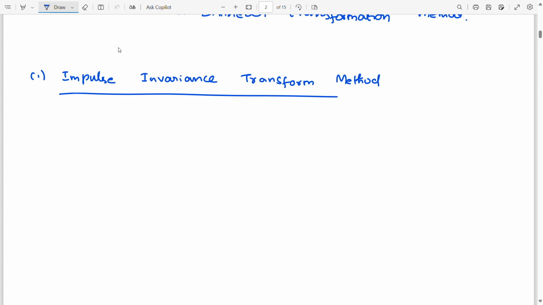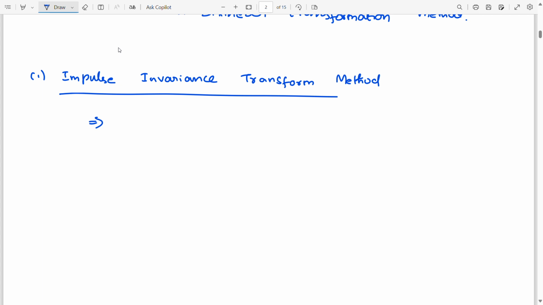The name itself has some meaning, in which the impulse response of the digital filter is obtained by uniformly sampling the impulse response of the analog filter.